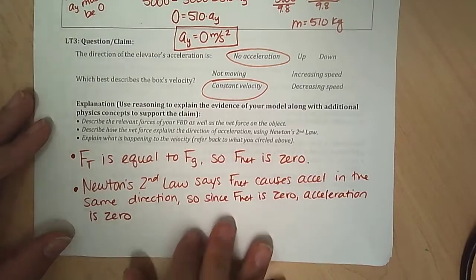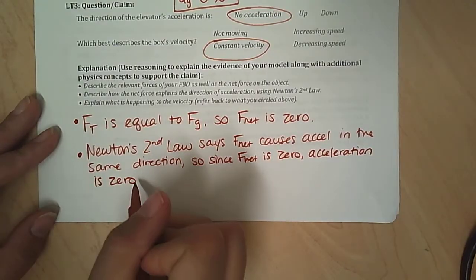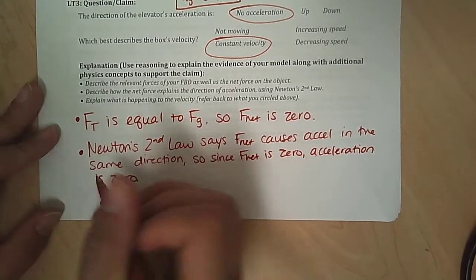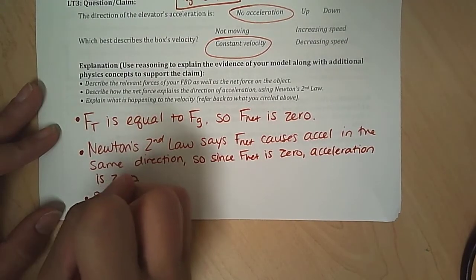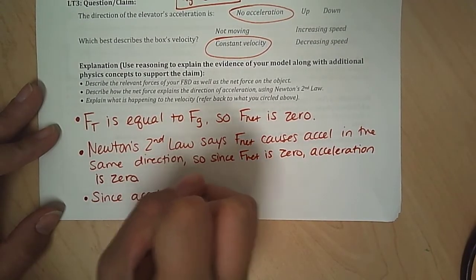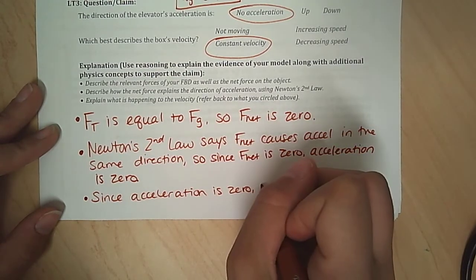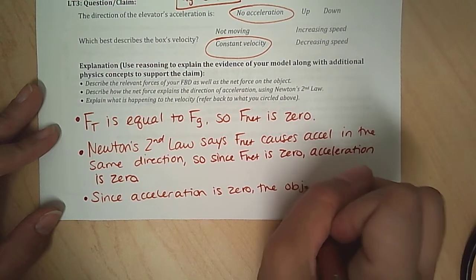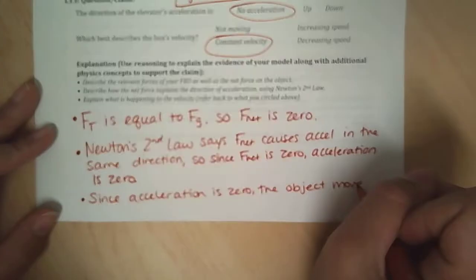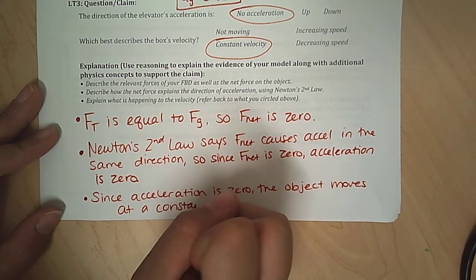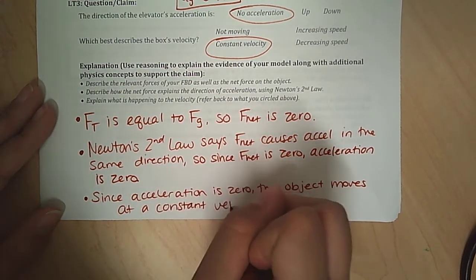So that's that second bullet point. And then the last one is explain what's happening to velocity. Refer back to what you circled above. So since acceleration is 0, the object moves at a constant velocity. In this case, the object is an elevator.